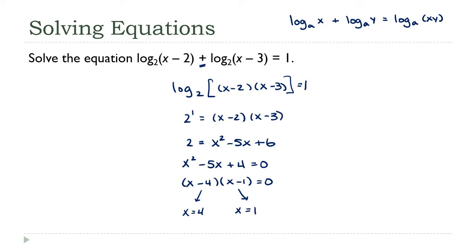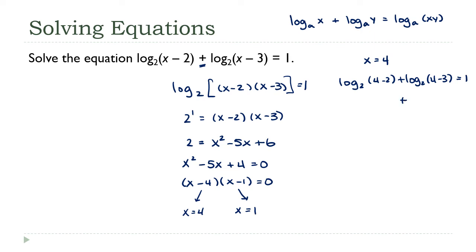Now we have to check these, right? If I do x equals 4, I get log base 2 of (4 minus 2) plus the log base 2 of (4 minus 3) equals 1.